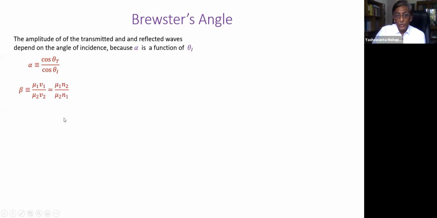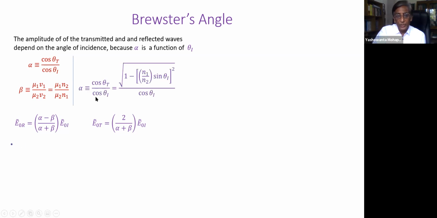So now let's express this. I'm just rewriting what I showed you last time. Alpha especially will depend on the angle of incidence. So let's write that down.